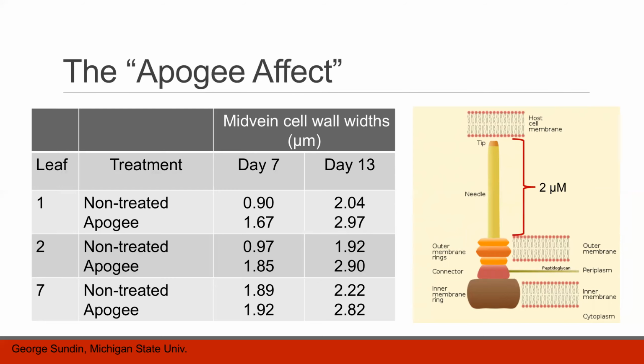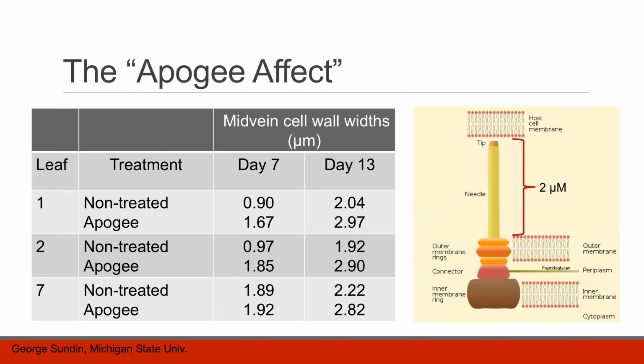And if we look at leaf 1 and day 7 in this box here, you can see that the cell width nearly doubled in size. However, on the older leaves at day 7, so we'll go down to leaf 7 here, you can see that no effect was observed. And likewise, no effect was observed 13 days post-treatment in any of the leaves that were evaluated.